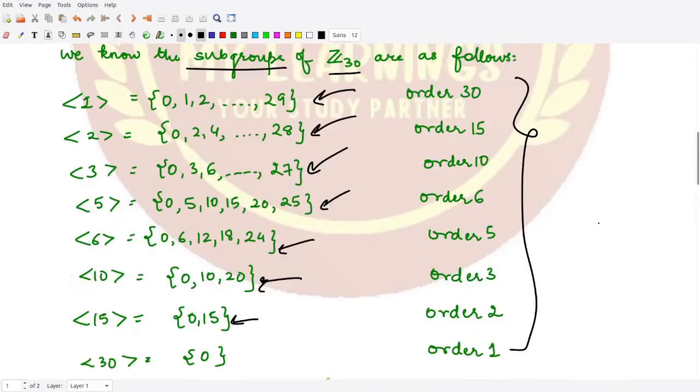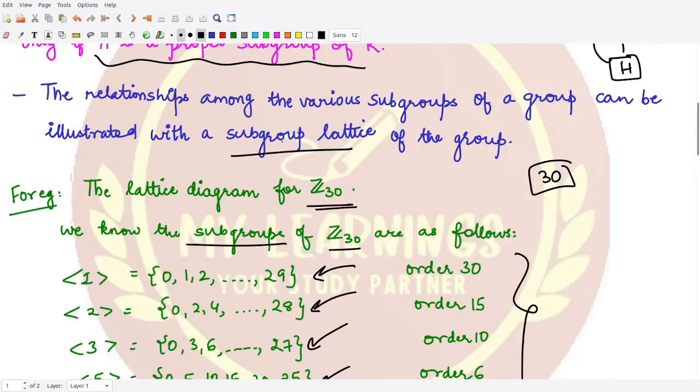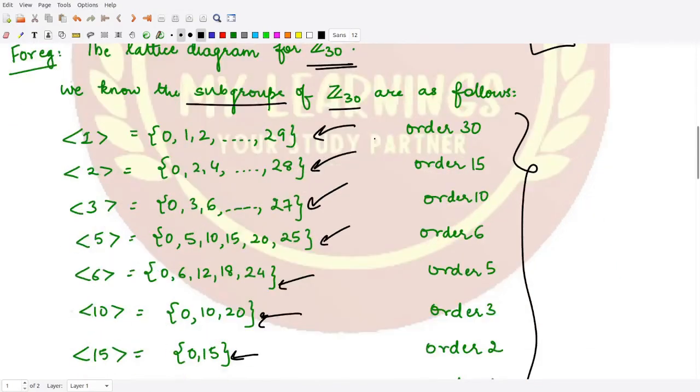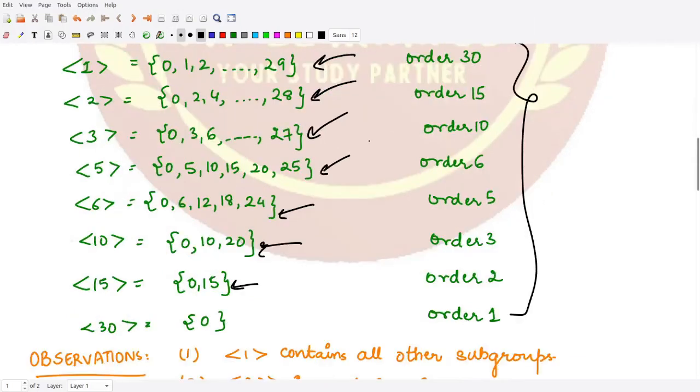So using this, in order to draw a subgroup lattice out of it, we have to make certain observations. We have to write the lowest subgroup at the bottom, and the greatest subgroup, the one which contains all of them, at the topmost of this diagram, right?